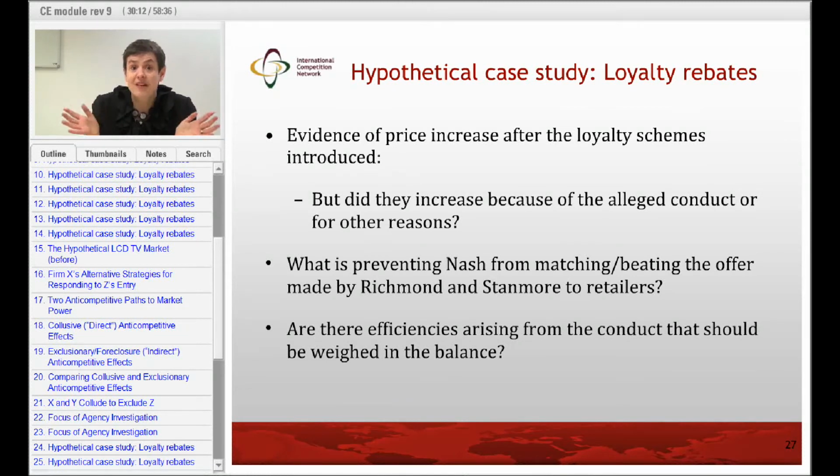Nash is actually apparently quite efficient, although they are being forced to operate on a less efficient point on the supply curve. Are there, though, efficiencies that might be driving or justify this conduct that should be weighed in the balance? I'm now going to turn to Andy Gavel to discuss this issue of efficiencies in some detail.